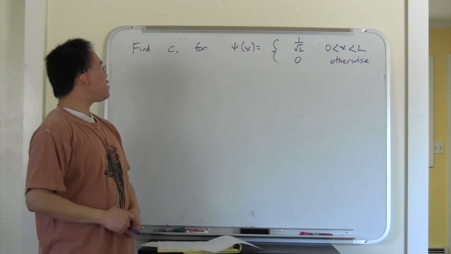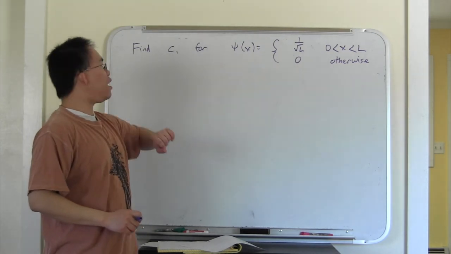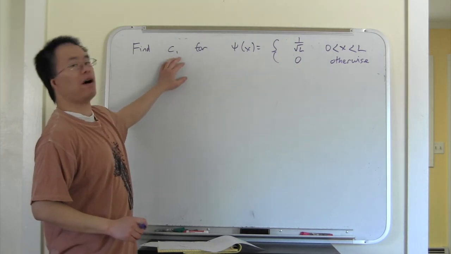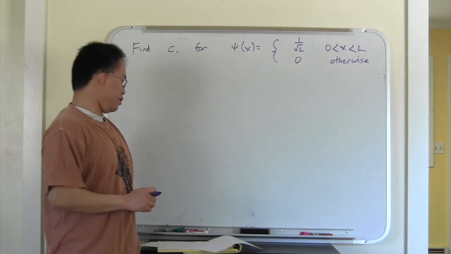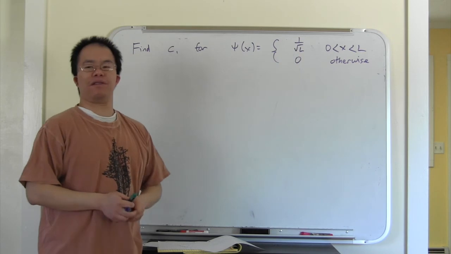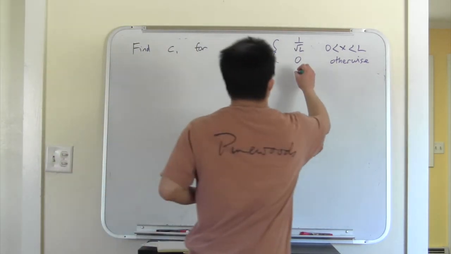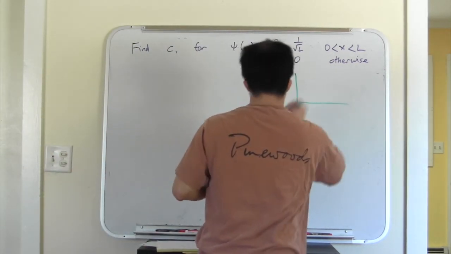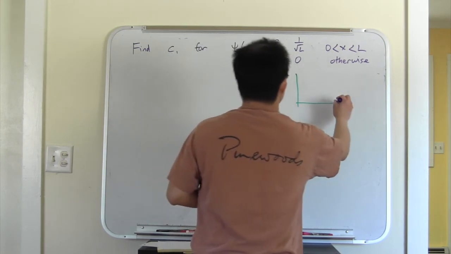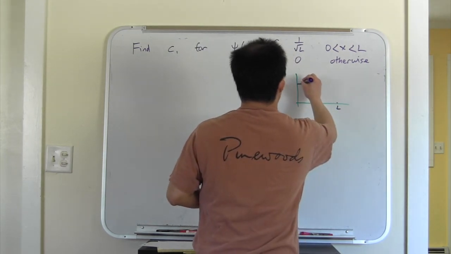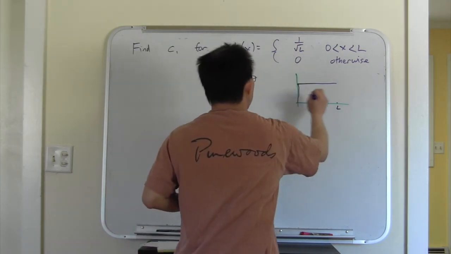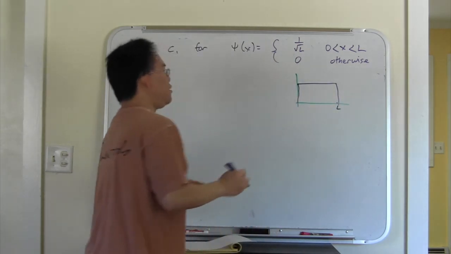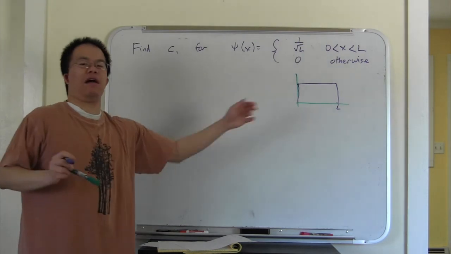Okay, so let's wrap up by looking at this example where I'm asking you to find the C1 expansion coefficient for this wave function here. And it's a flat wave function, right, as we saw earlier. It's sort of flat between 0 and L, but we should think of this as just sort of dropping off to 0 really quickly right at 0 and L.